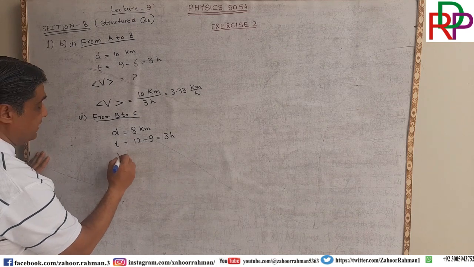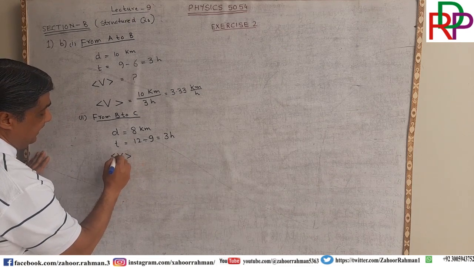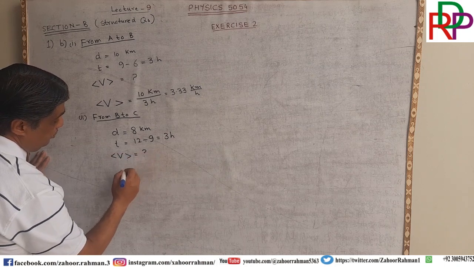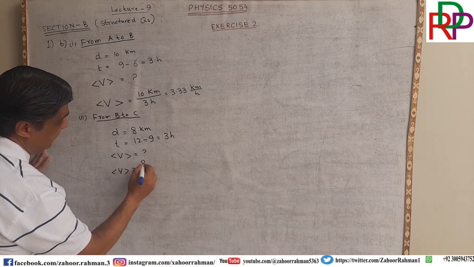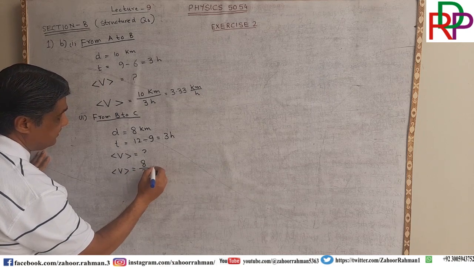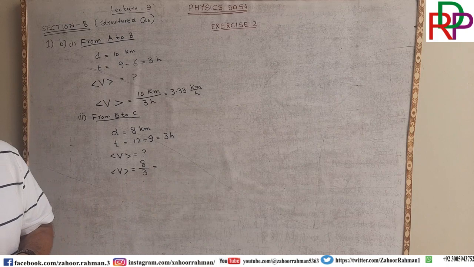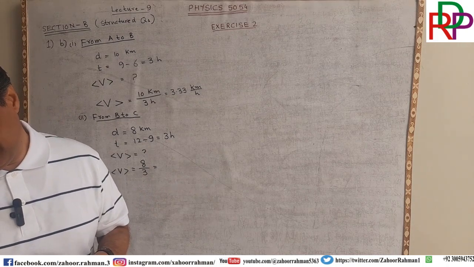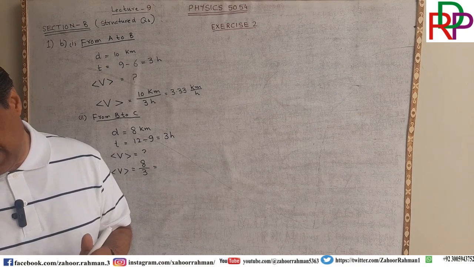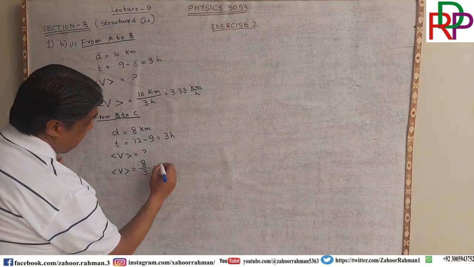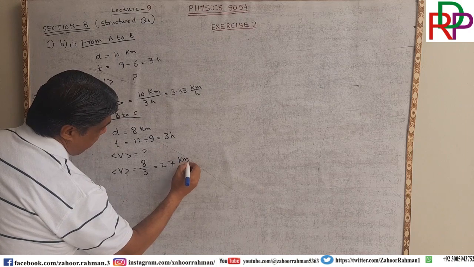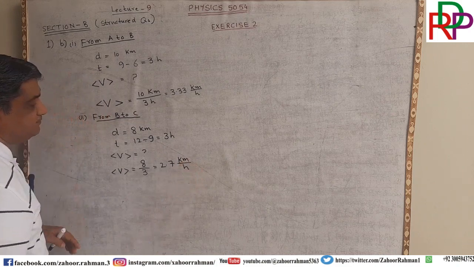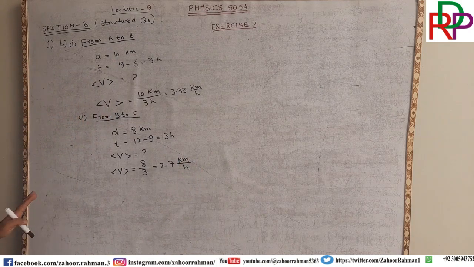And again we have to find the average speed. So average speed is equal to 8 divided by 3. When we divide 8 by 3, we are getting 2.7 kilometer per hour, because you can check that on the calculator.